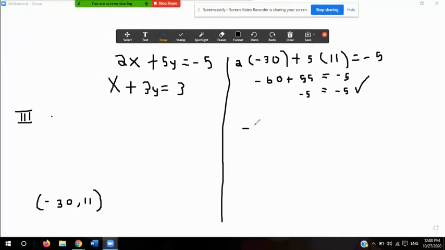Of course, we're going to use our order of operations in this case. And we're going to say, well, negative 30 I bring down. And 3 times 11 is 33. So will this equal positive 3? Well, if you have negative 30 plus 33, you subtract, and your answer will in fact be positive 3. So this equals 3.